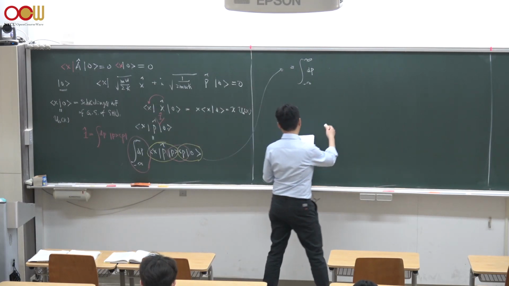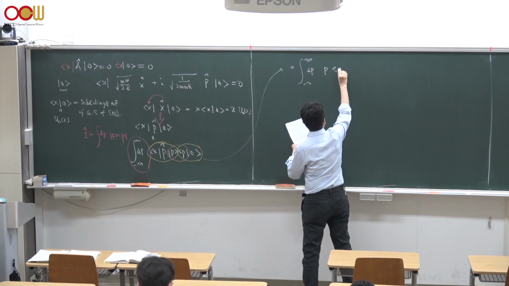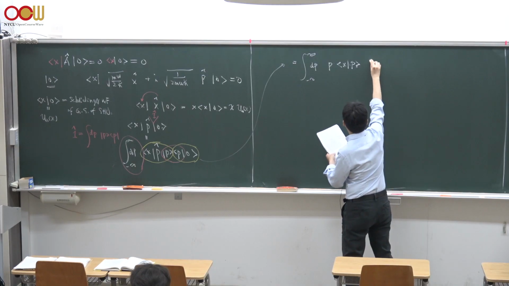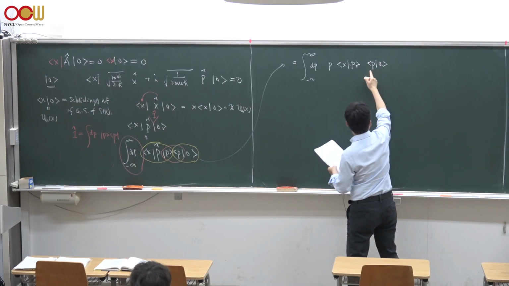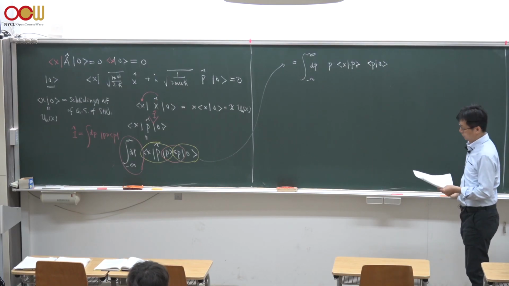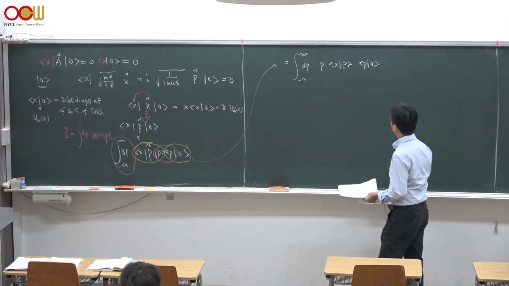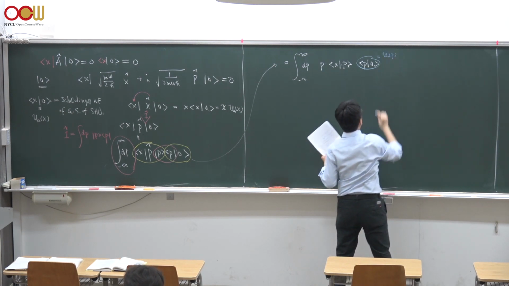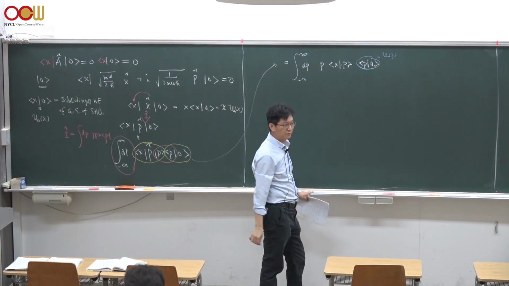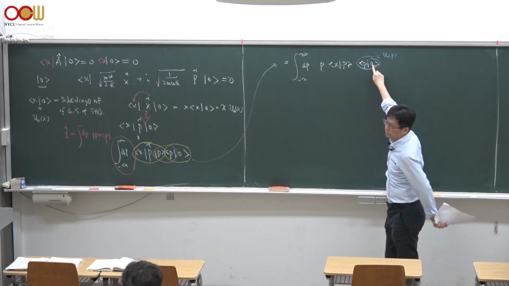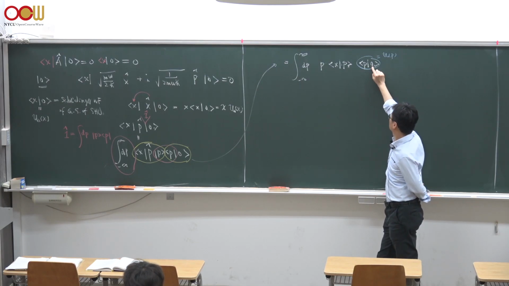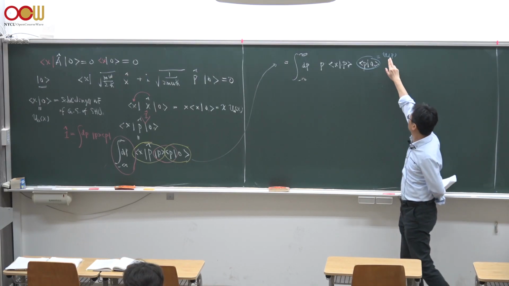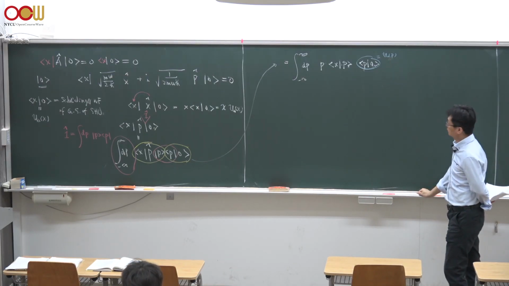So this is p times the inner product of this momentum eigenstate p and the state 0. What is this? This is nothing but u0 in the momentum eigenbasis. This is the projection of this Dirac ket, which is the ground state, state 0, onto the momentum eigenbasis, which is by definition the momentum-space wave function.